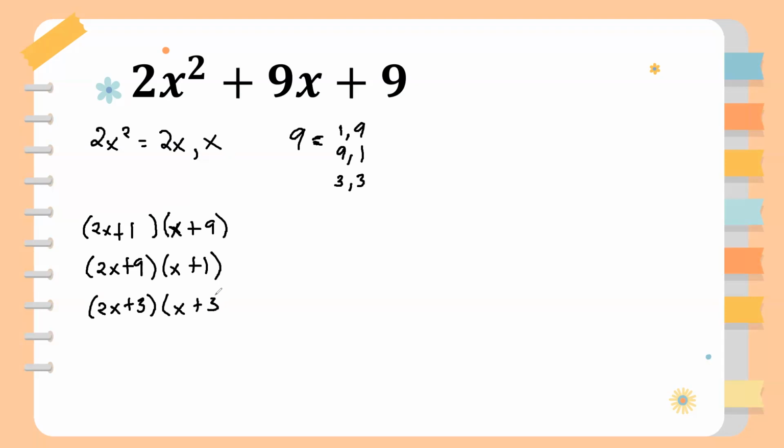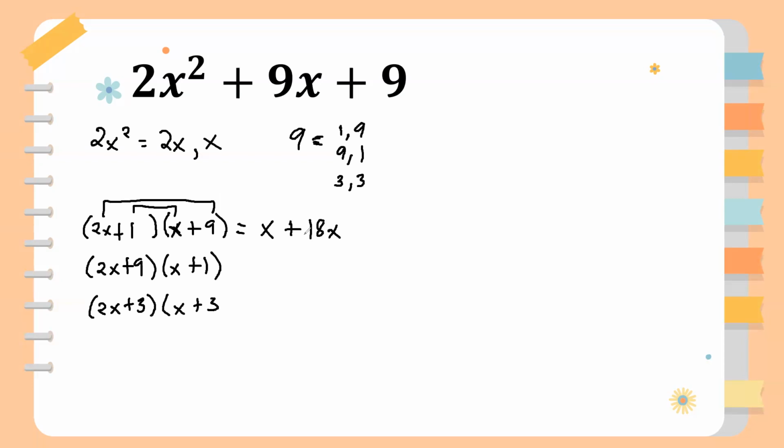Okay, so sabi doon sa una, again, i-multiply daw yung inner and outer terms. So we have the inner term, 1 times x, that is equal to x. And next, itong outer term naman i-multiply natin. 2x times 9, that is equal to 18x.